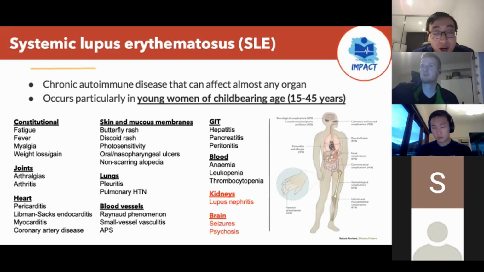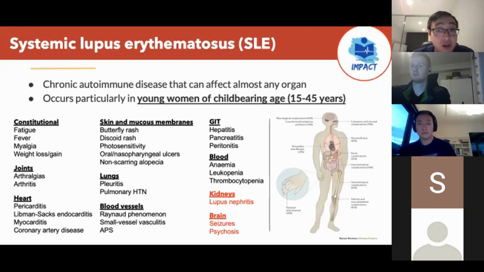This term describes vegetations on the undersurface of either the mitral or the aortic valve that develop due to endothelial injury in the setting of a hypercoagulable state, rather than a bacterial infection. Useful to remember that SLE is associated with LSE, so Libman-Sacks endocarditis.